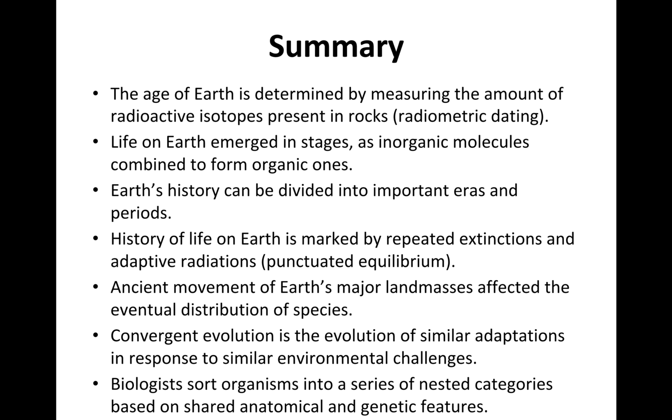Ancient movement of Earth's major landmasses affected the eventual distribution of species. Convergent evolution is the evolution of similar adaptations in response to similar environmental challenges. And biologists sort organisms into a series of nested categories based on shared anatomic and genetic features.